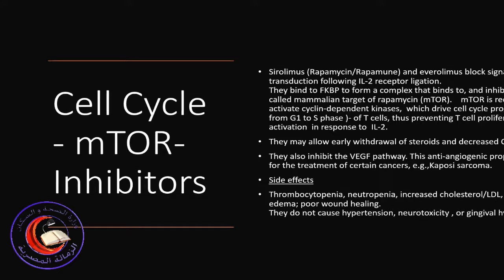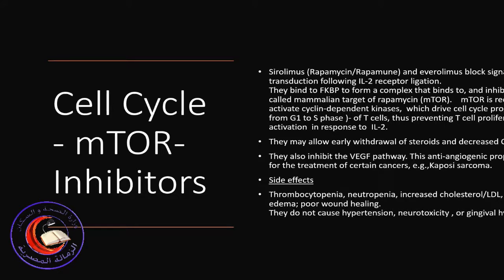So when interleukin-2 binds to this receptor, you can prevent the effect of interleukin-2 either by blocking the receptor so that interleukin-2 does not bind to it, or by blocking the signal transduction which occurs in the cell for ultimately producing the effects of interleukin-2.